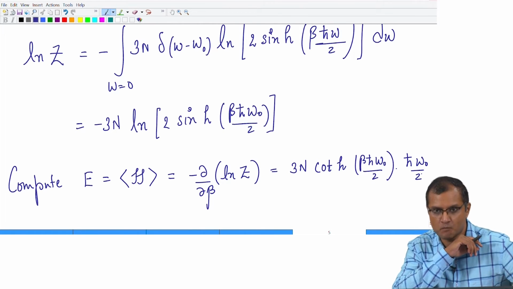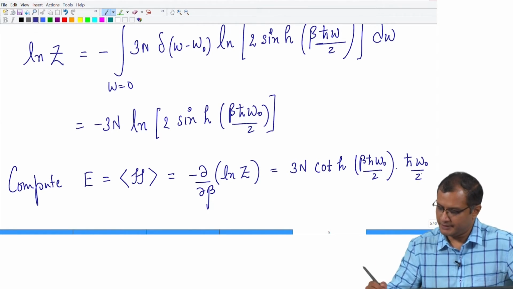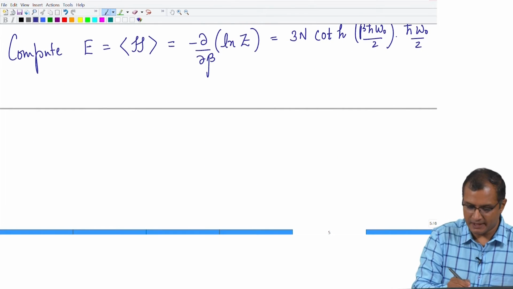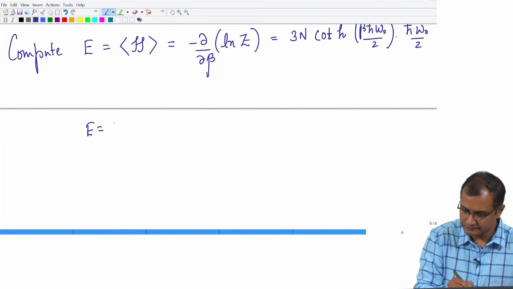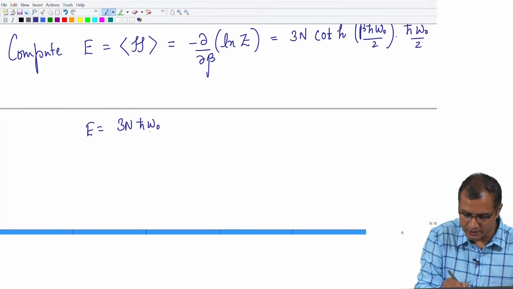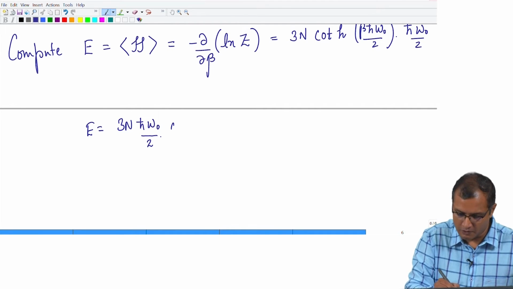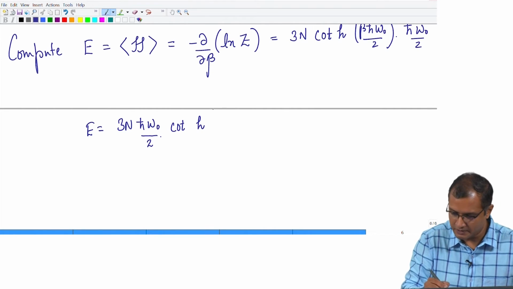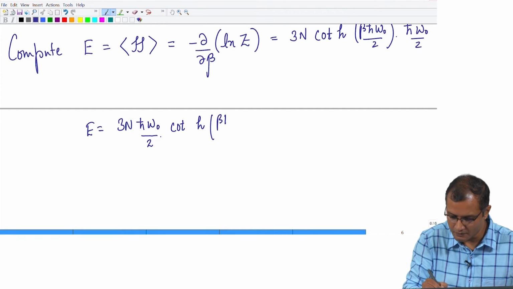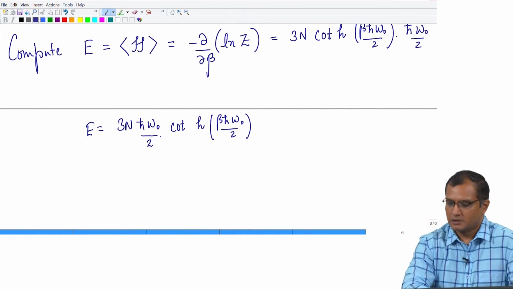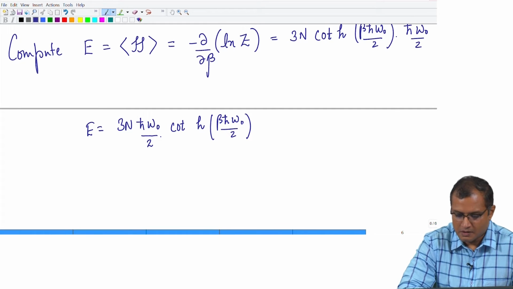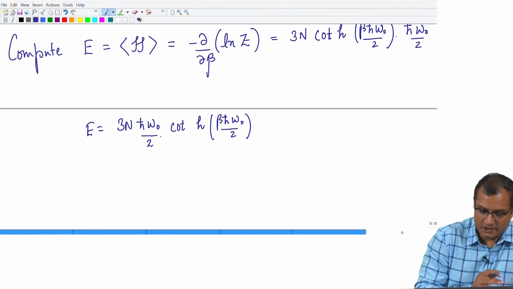And I can now write it as 3n h cut omega 0 by 2 into coth of beta h cut omega 0 by 2. Right.